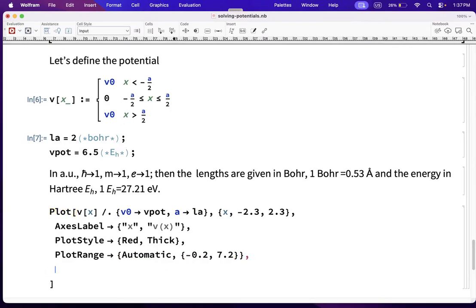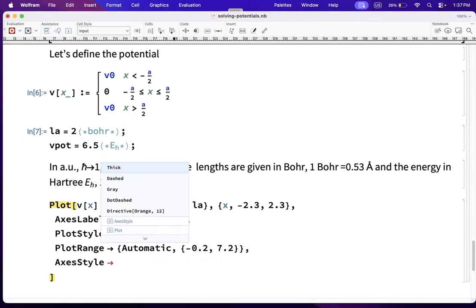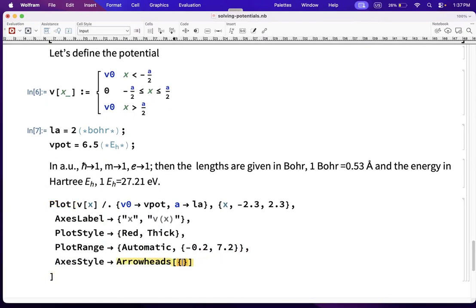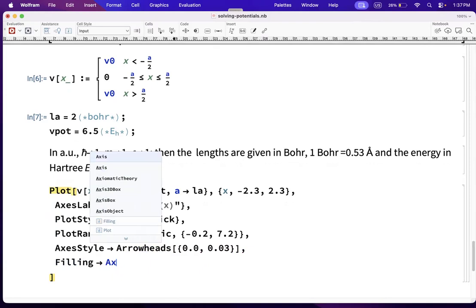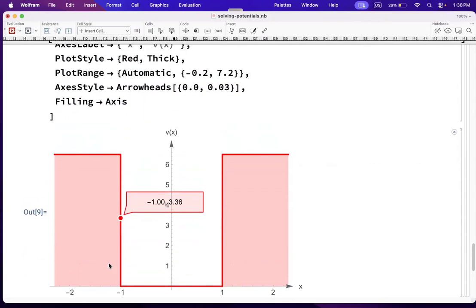Comma, axes style, I'm going to put arrowheads, like this, 0.0, comma, 0.03. Okay, comma, with good axes. Let me see if it works. There it is.